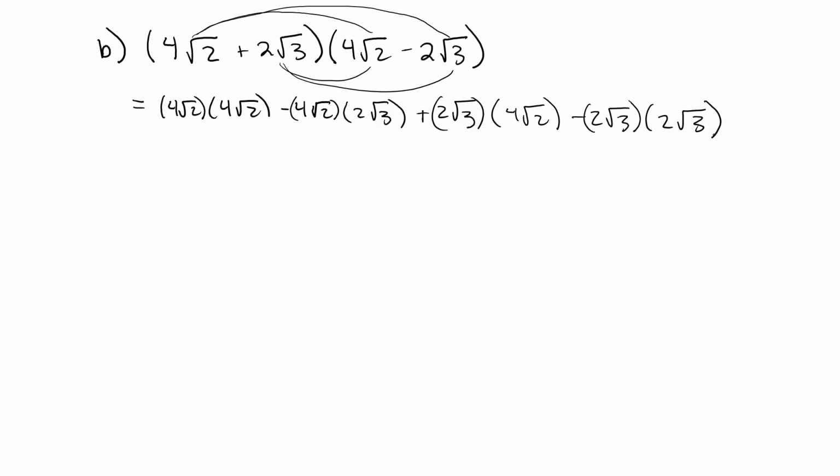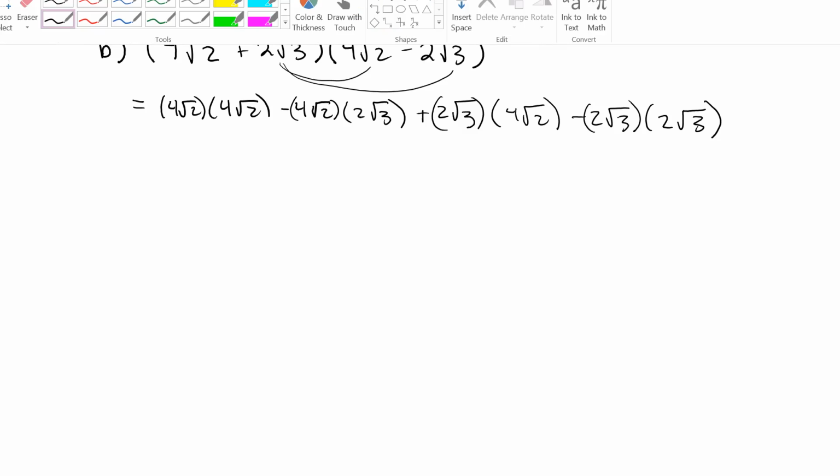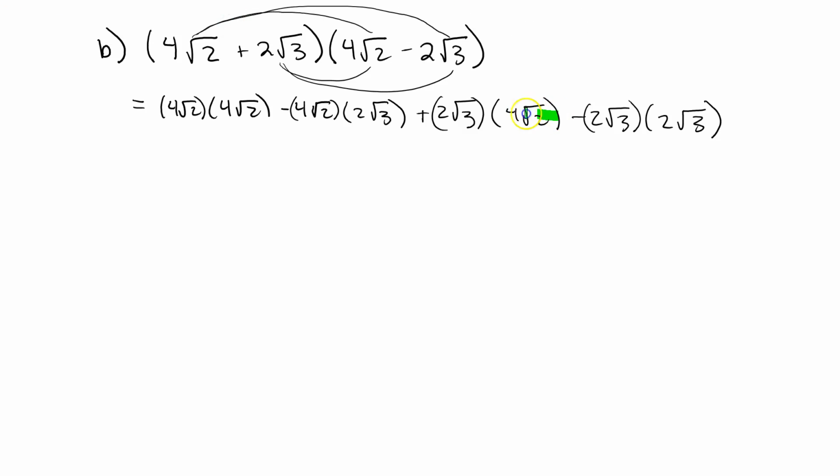I just want to show you something here. This is the same as this, but this one has a negative in front of it and that one has a positive in front of it. What's so great about this question is I don't have to do any simplification with that, because you have minus something plus that same something, that just zeroes out.